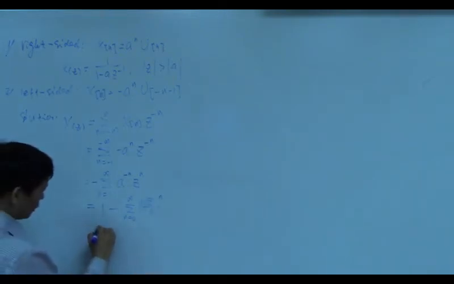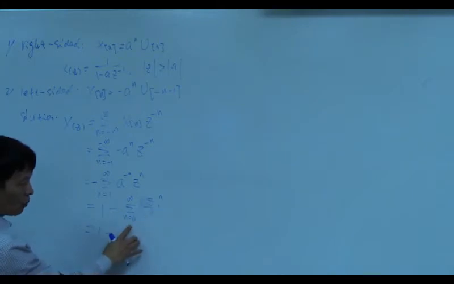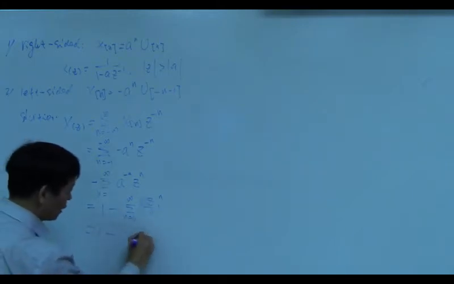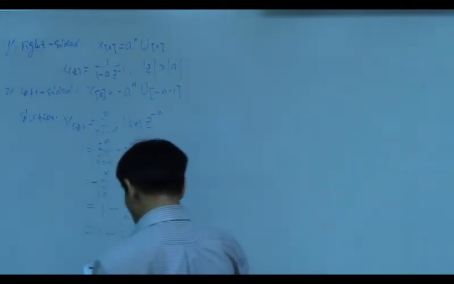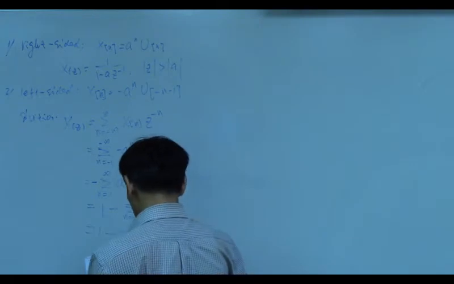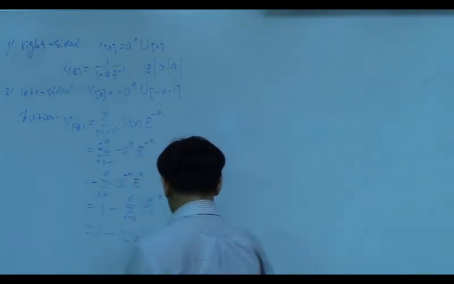Then we do this. Can we sum this? This is a geometric sequence, right? Okay, the first term, when n equals 0, equals 1, so it's 1 minus z over a, right? And this one simplified will be equal to 1 over 1 minus a z to the negative 1.